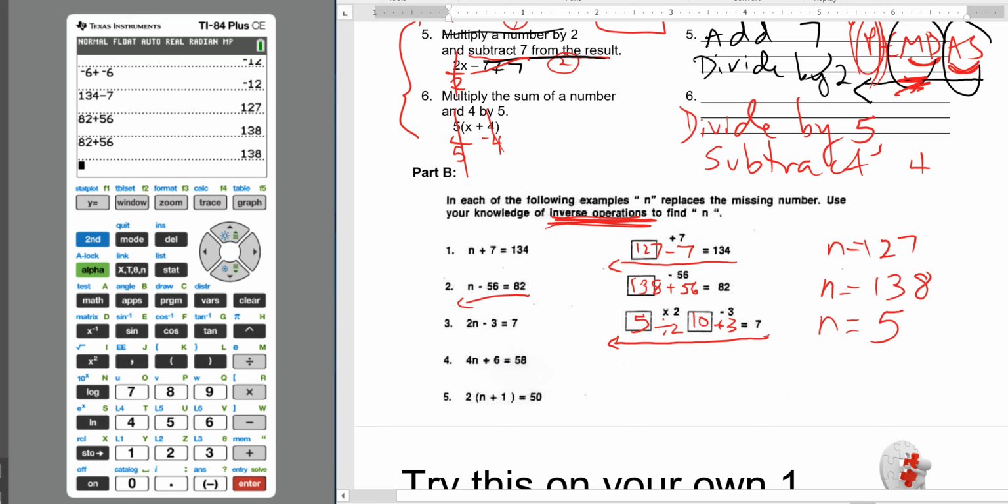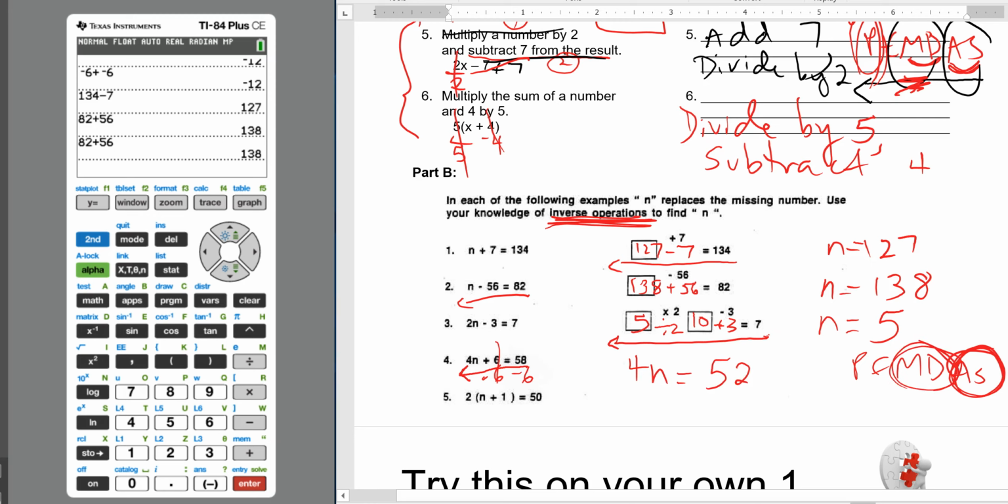Okay, so let's do the same thing in 4. We start with 58 and we're going to move backward. So we said we're going to use PEMDAS backward, which means addition subtraction first. We see addition of 6, so the inverse operation would be to have us do minus 6, right? Where 4n equals 58 minus 6. Okay.